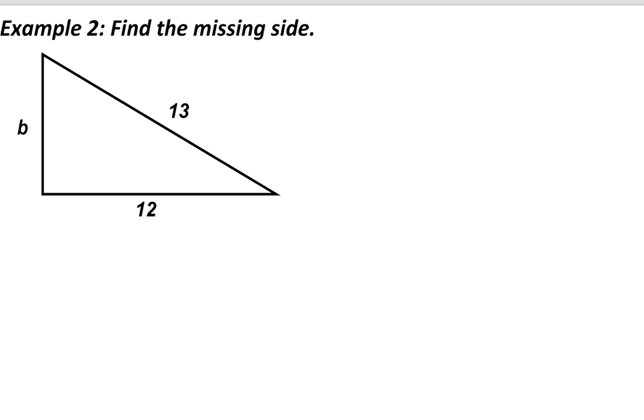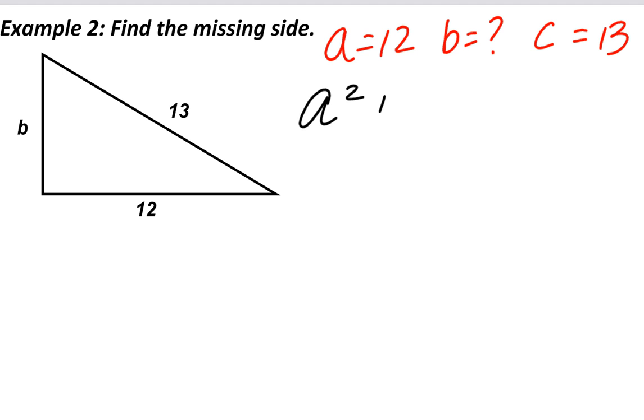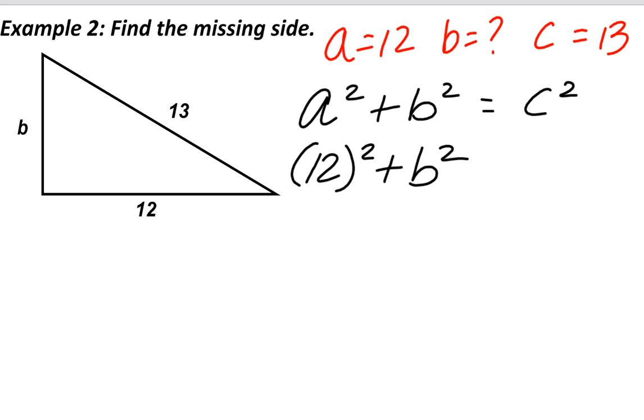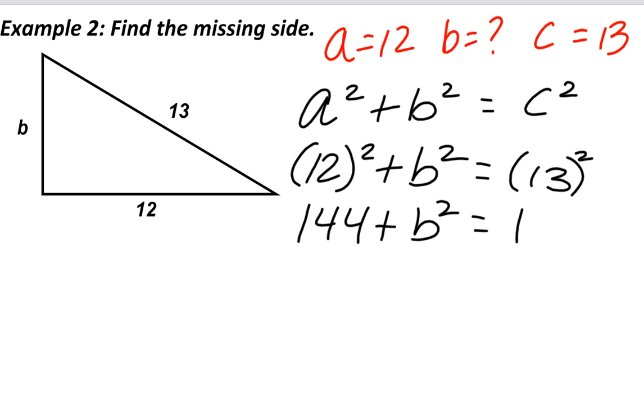Example 2 gives you a and c, where a is 12, b we're looking for, and c is 13. Again, if we take the Pythagorean theorem, a squared plus b squared is equal to c squared, we get 12 squared plus b squared equals 13 squared. We're going to keep in mind all of our solving equations. 12 squared is 12 times 12, 144. b squared we're looking for, and 13 squared is 169.